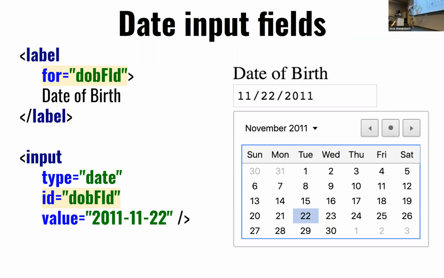But this might render differently. Notice that this is rendering month, day, year. In Europe, it would probably render 22/11/2011. And if you're in China or India, it might be rendered differently. But this is standard. It's always year, month, day, with dashes.